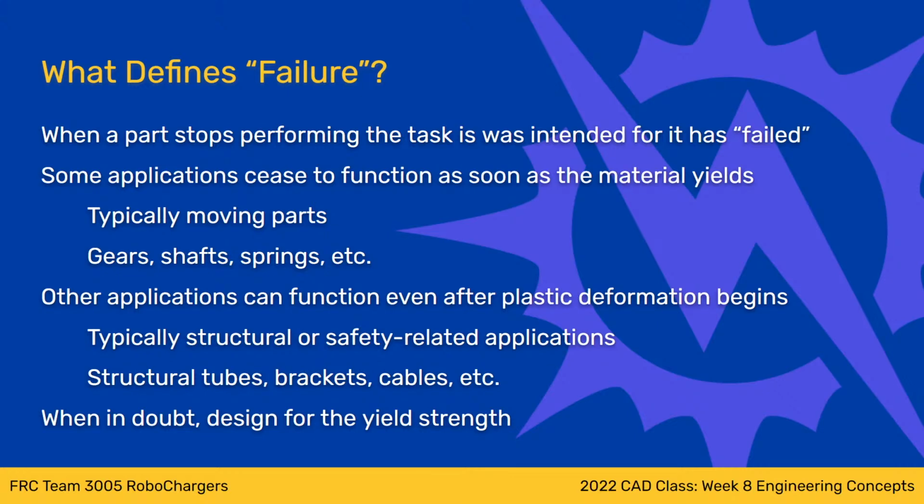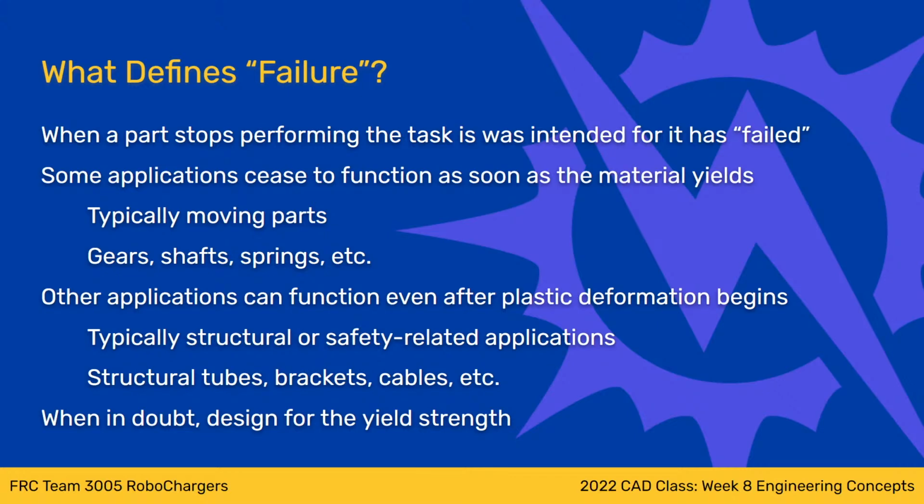And so for very extreme collisions or loading scenarios that you're not necessarily going to encounter every match, it is sometimes okay to have parts on your robot plastically deform, where if those parts were to break entirely, like if you think about our frame, if our frame had cracked and one of those tubes had split or cracked or torn, that obviously would have been very bad.